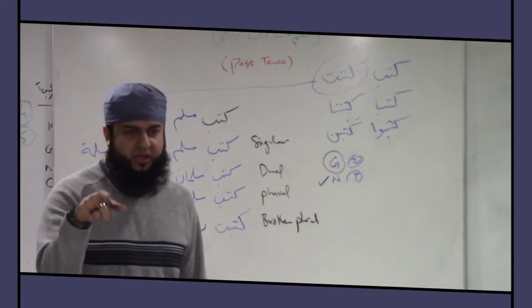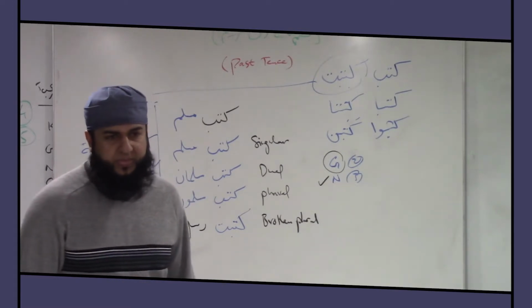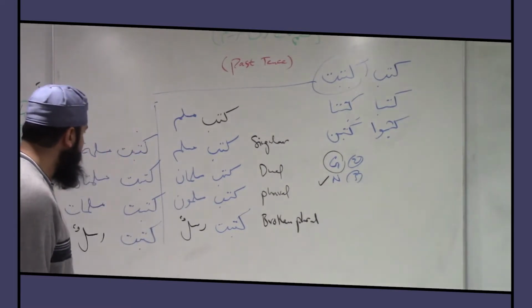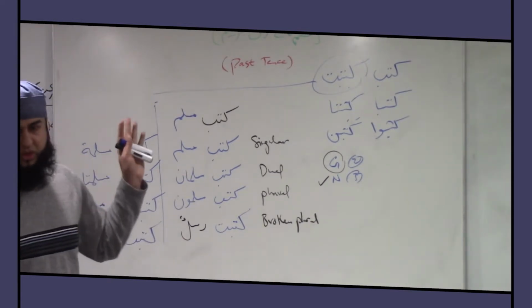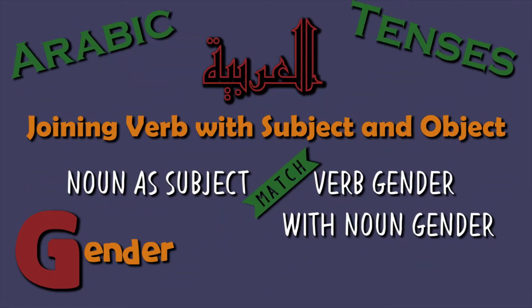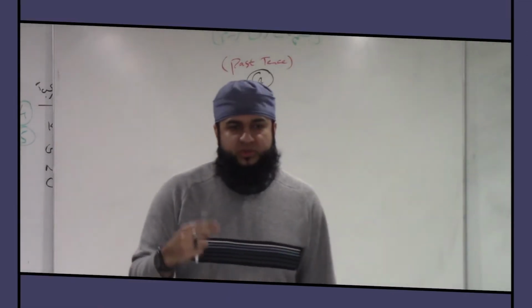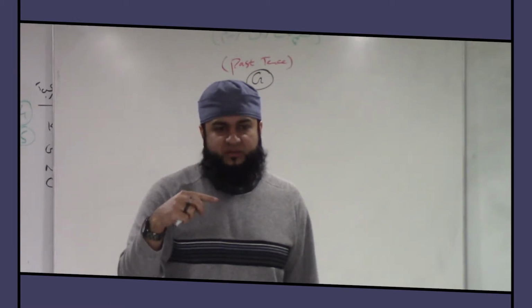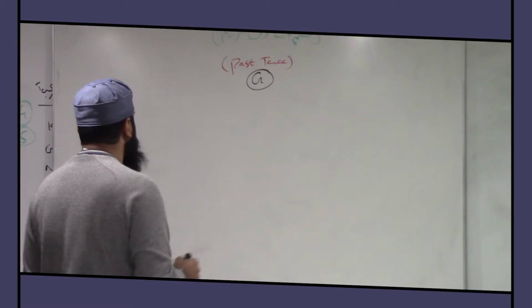In Mawsuf Sifa, in demonstrative nouns, and even here, this rule stays all the way through. It's gonna stay with you, the broken plural. So whenever you join any noun as a subject with the verb, you have to make sure about the gender.